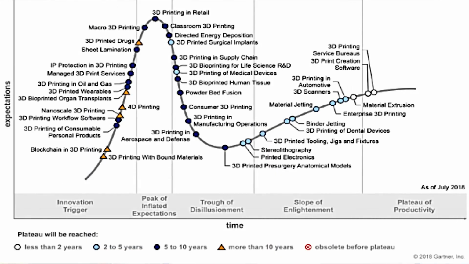Okay, so this is a Gartner hype cycle. This is something that the Gartner Institute publishes every year. This one is as of July 2018, so we've moved on a year already. That's the latest one I could find.